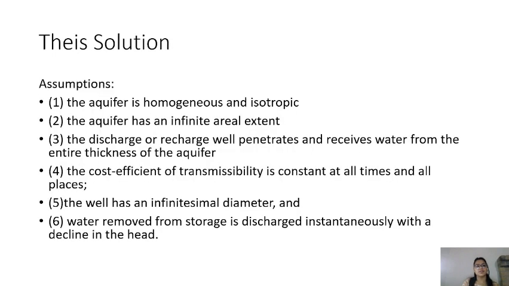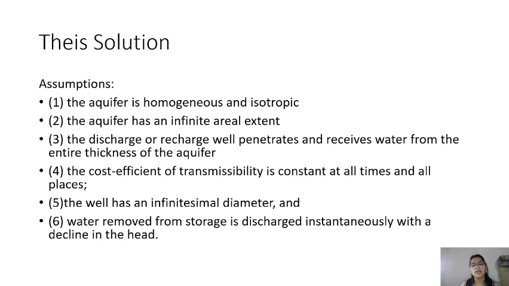After transmissivity was taken, we then used the Theis solution, which is an analytic solution for calculating drawdown in an aquifer due to a constant rate of pumping well. The Theis solution was derived by Theis in 1935, and his assumptions were that the aquifer is homogeneous and isotropic. The aquifer has infinite areal extent.